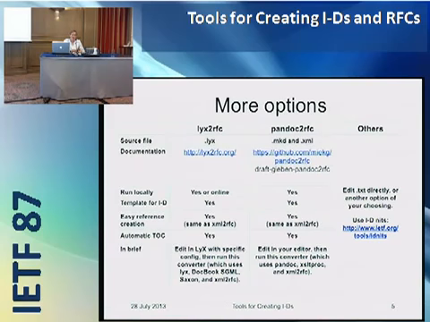And it also runs XML to RFC as the last step, so you also get the advantage of there is an XML file, and you use the reference creation that XML to RFC provides. And finally, there are other ways, right? People make their own hacks, or people edit text files directly.